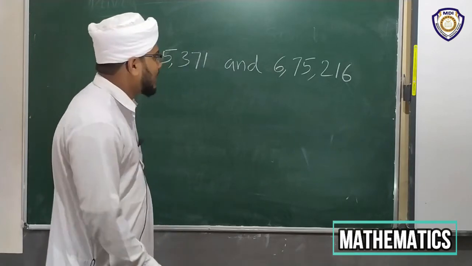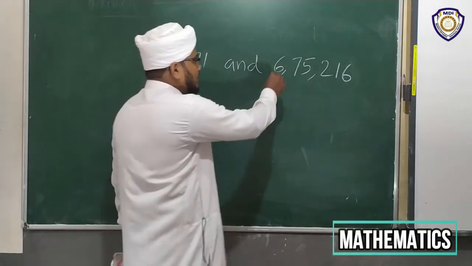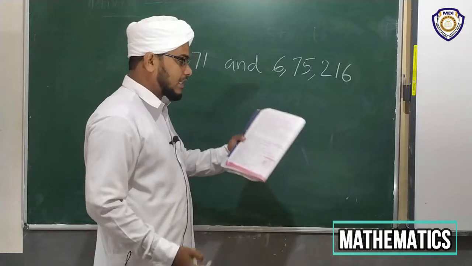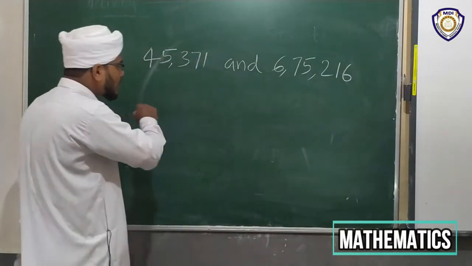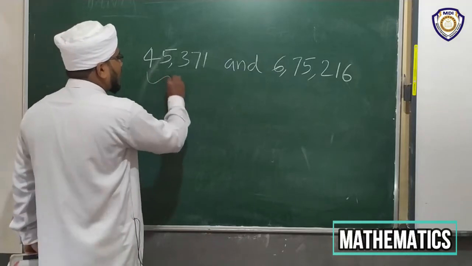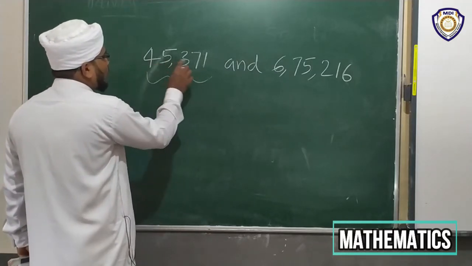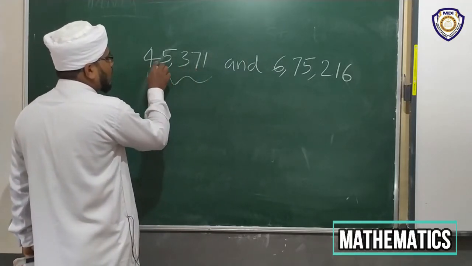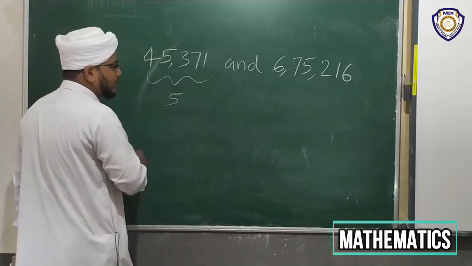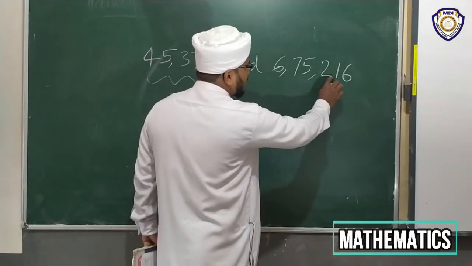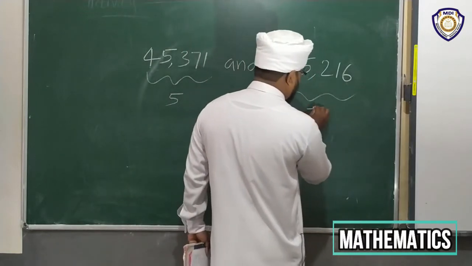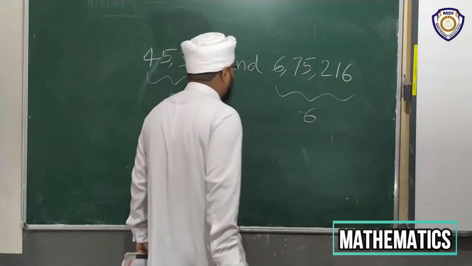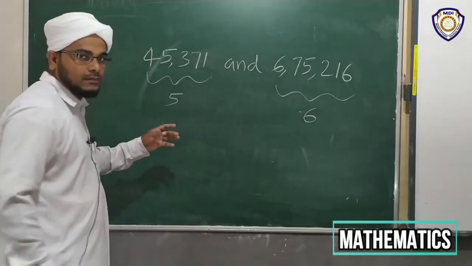It is very simple, because first rule, what is the first rule? The number having more digits. How many digits are here? 1, 2, 3, 4, 5. 5 digits. Here 1, 2, 3, 4, 5, 6. Here 6 digits. Am I correct or not?